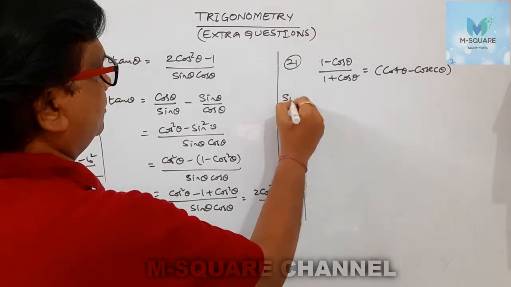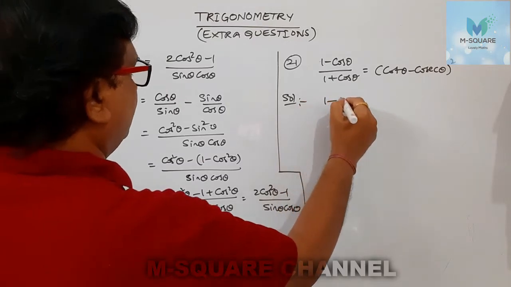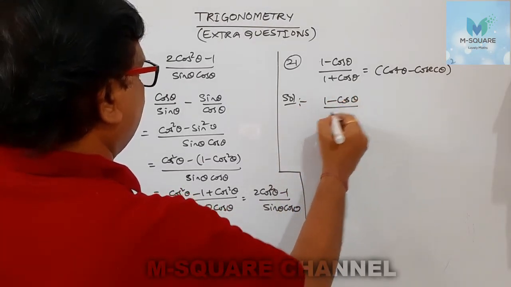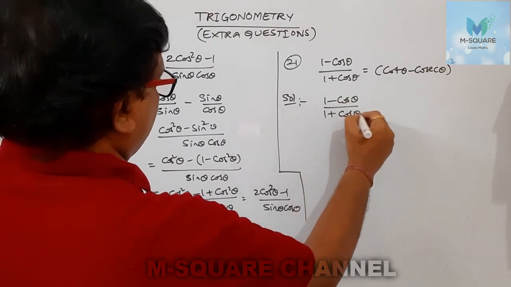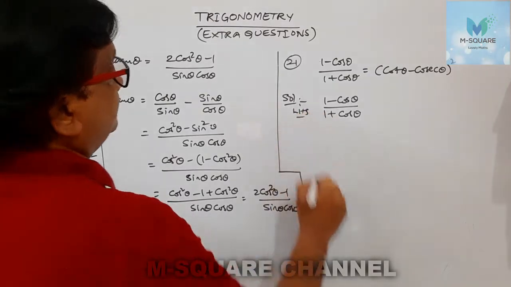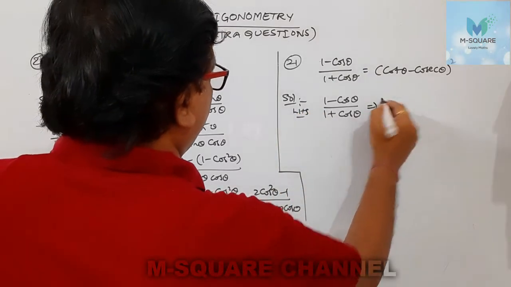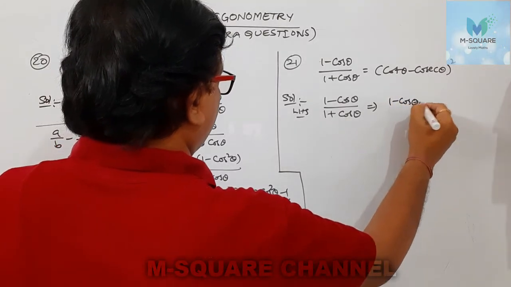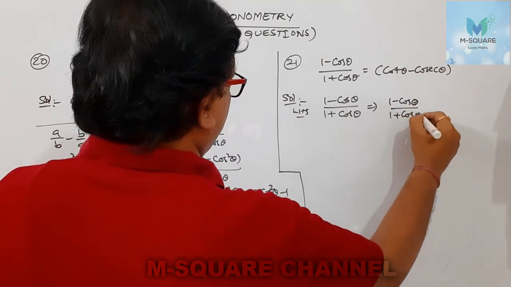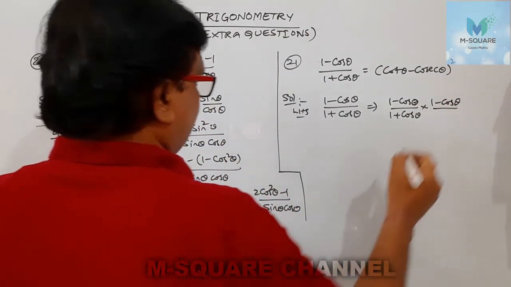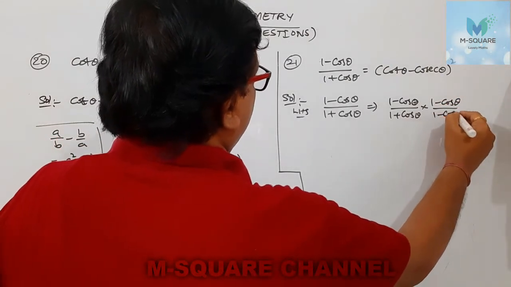So the 21st solution, 1 minus cos theta by 1 plus cos theta. LHS we are taking. So we are taking the conjugate of the denominator: 1 minus cos theta by 1 plus cos theta into 1 minus cos theta by 1 minus cos theta.